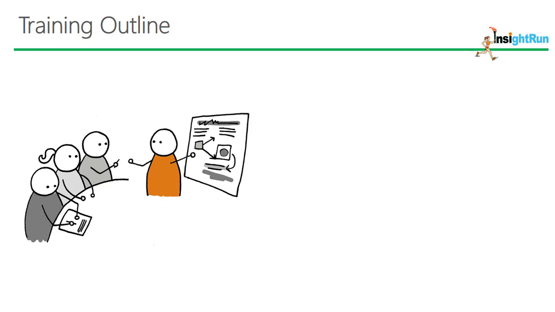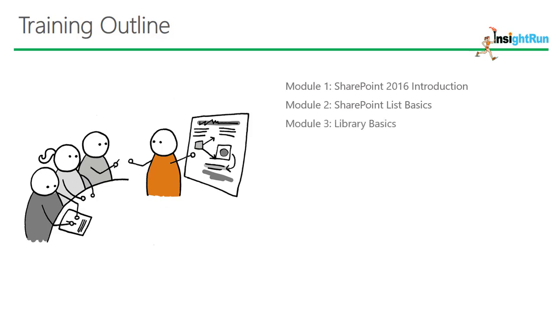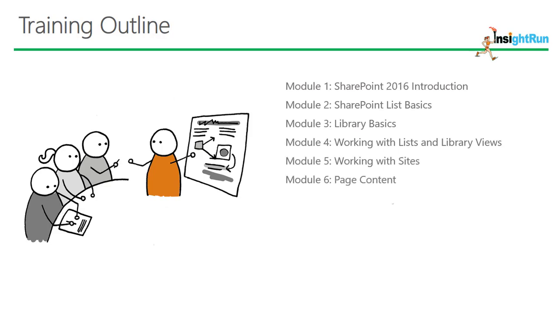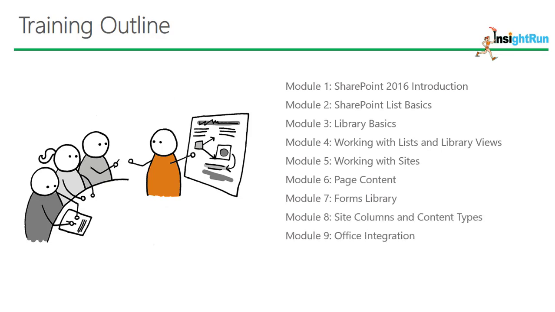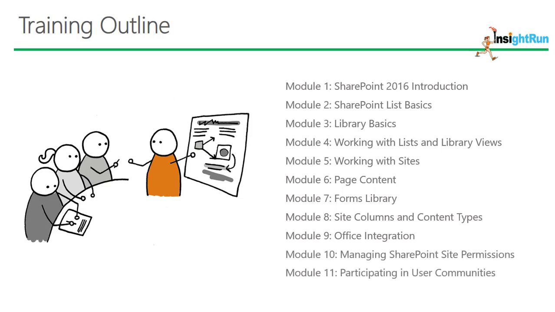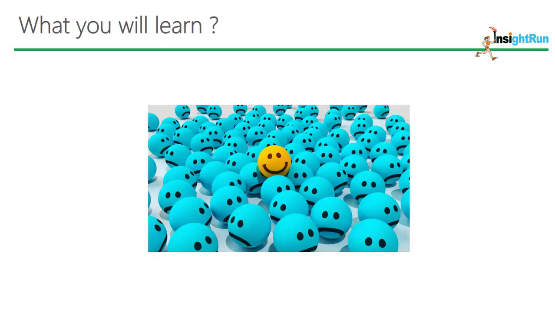So the modules are: Module 1, SharePoint 2016 Introduction; Module 2, SharePoint List Basics; Module 3, Library Basics; Module 4, Working with List and Library Views; Module 5, Working with Sites; Module 6, Page Content; Module 7, Forms Library; Module 8, Site Columns and Content Types; Module 9, Office Integration; Module 10, Managing SharePoint Site Permissions; and Module 11, Participating in User Communities.